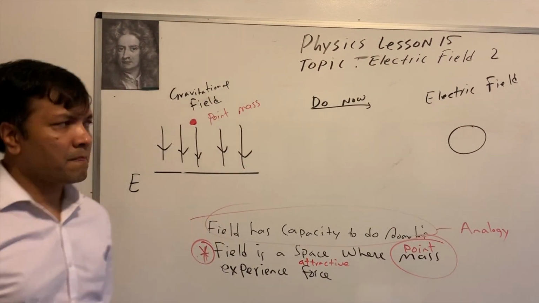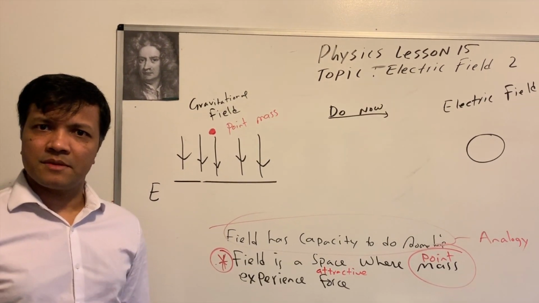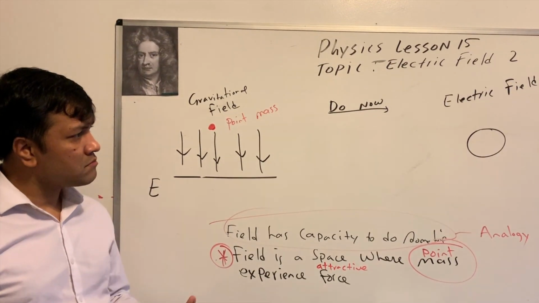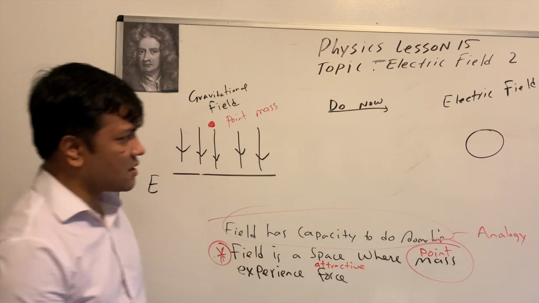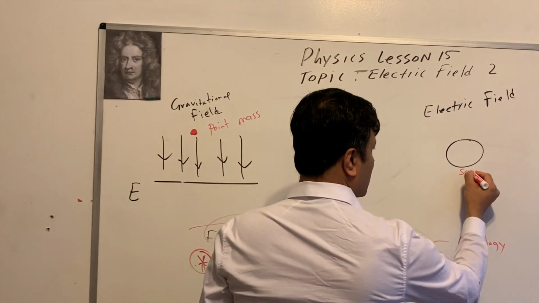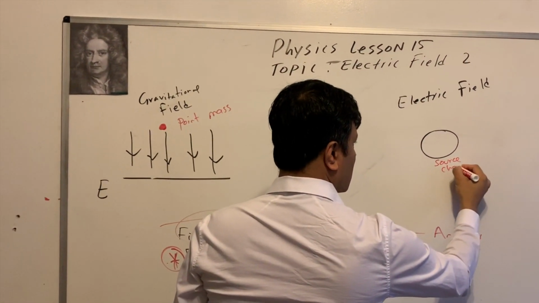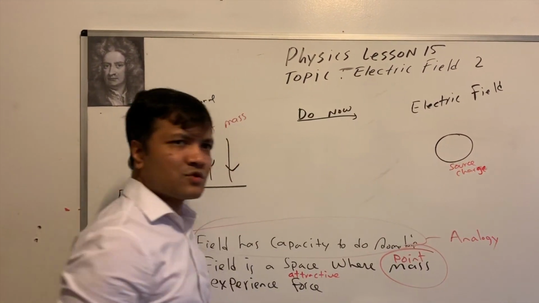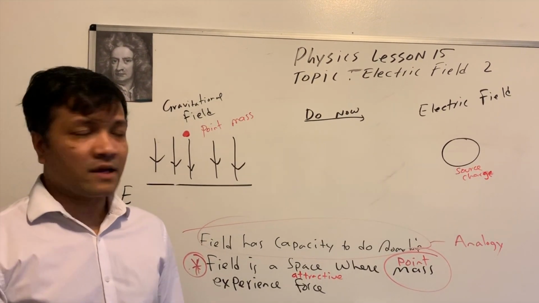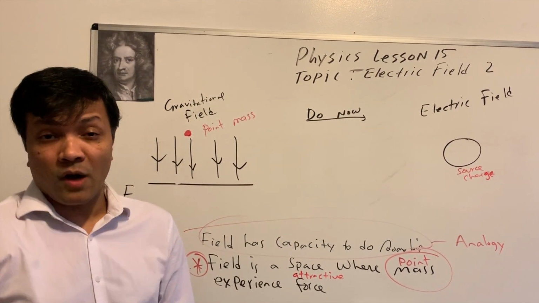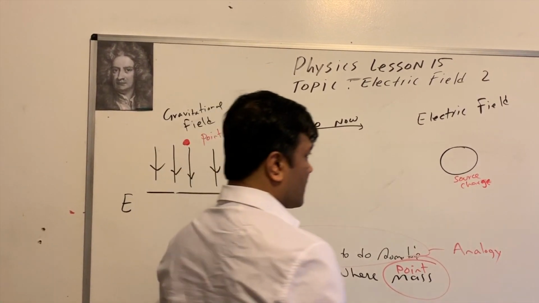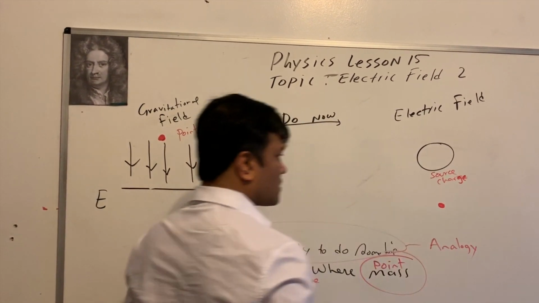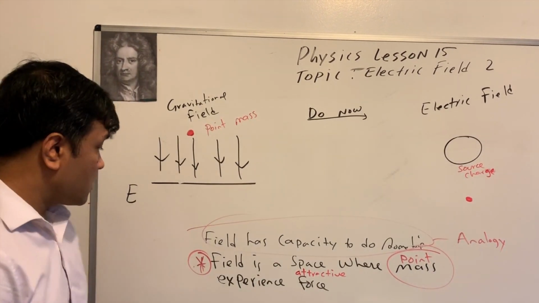A charge. How do I know what type of charge I have? Now pause the video and try on your own. This is what I'm going to call the source charge. How do I know what type of source it is? I have two options, positive or negative. How am I supposed to know whether it is positive or negative? Well, the point charge. If I put a point charge over here, then I would know. How?